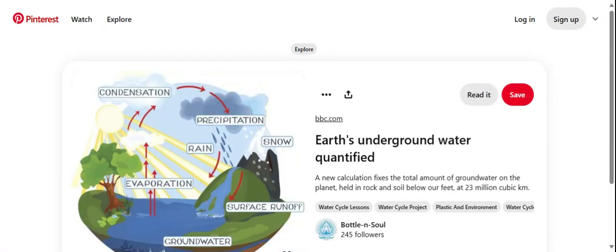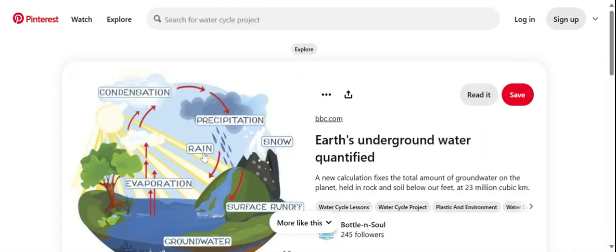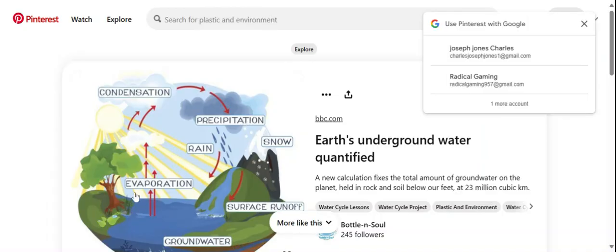The water cycle usually has condensation. So we have snow, groundwater, surface runoff, precipitation, rain. It evaporates, then it condenses. So that is basically the water cycle.